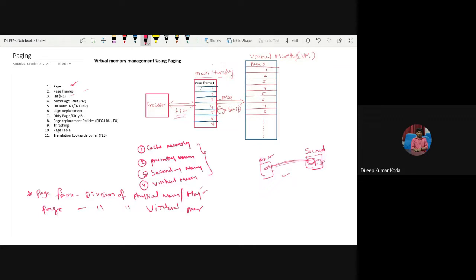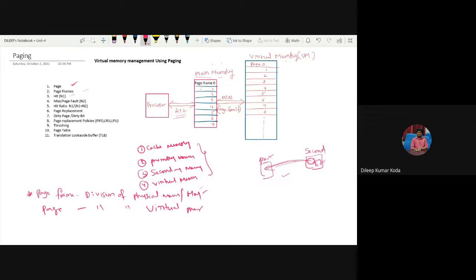If the file is not available in the main memory while searching, the result is said to be a miss or page fault. Cache miss is also known as page fault.